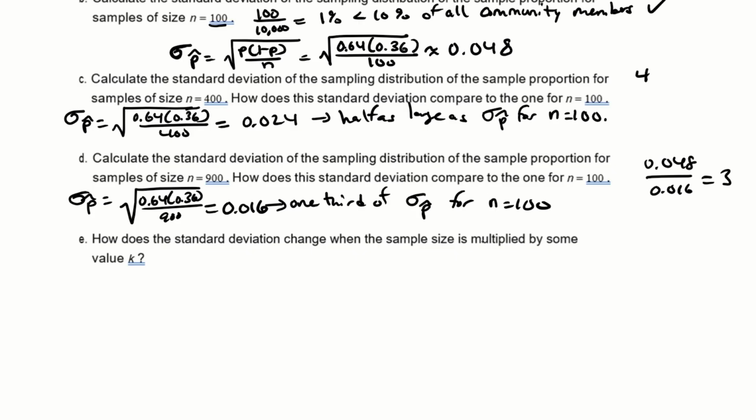So in that case, k was 4, right? And the standard deviation for 400 was half as large. So there was a factor of half. So it appears to be like 1 over square root of 4, which is 1/2. So it's 1 over square root of k. See that?